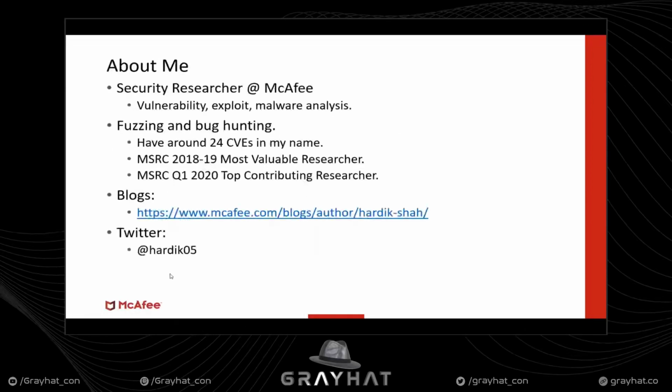So just to give you a brief introduction about me, my name is Hardik Shah and I work as a security researcher at McAfee. I do vulnerability, exploit and malware analysis on a day-to-day basis, and apart from that, I do fuzzing and bug hunting. As of now, I have around 24 CVEs in my name from various vendors like Microsoft and different open source software.